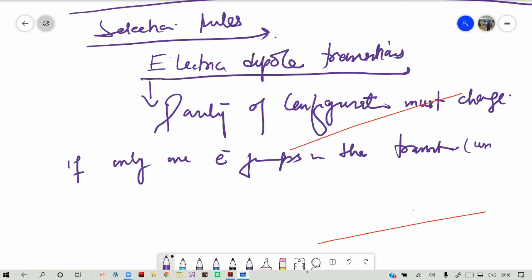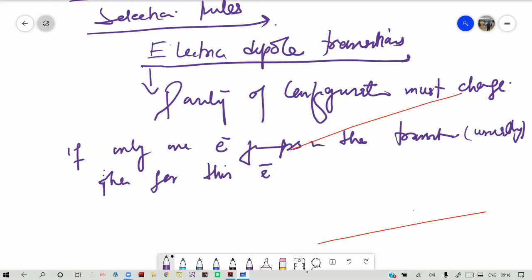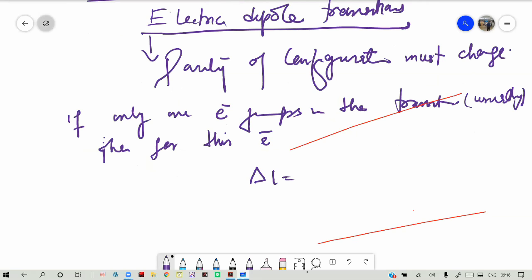This usually happens: at a time, one electron makes the transition, in the ideal case. Then for the electron which makes a transition, delta L is equal to plus minus 1. This is also called the Laporte rule.